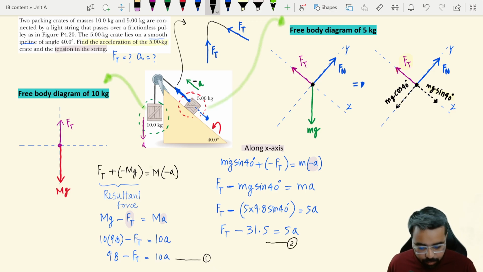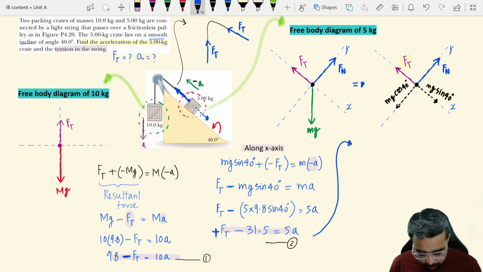Students, if you add these two equations, notice that in one equation we have a negative force of tension, and in the other one we have a positive force of tension. So when you add these two, it will cancel out the force of tension, and what we get is 98 minus 31.5, having cancelled the force of tension, is equal to 5a plus 10a, which is 15a.